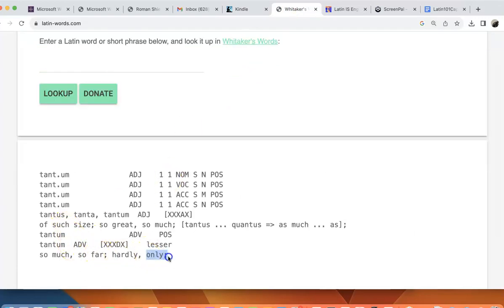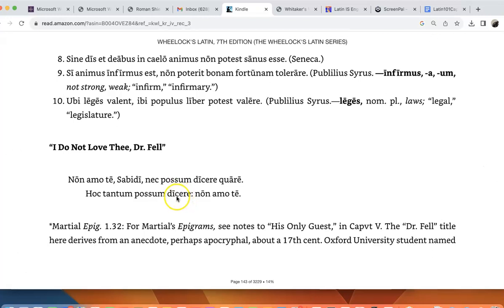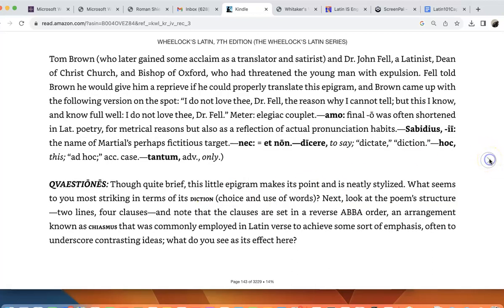The challenge, of course, is that Latin has less vocabulary than English, and so you have to decide which one of these is going to work for the context. That makes some sense. This only I'm able to say. This is where we get the word dictation. And then non amo te means that I don't love you. So amo te means I love you, I love thee. Non amo te means I don't love you.